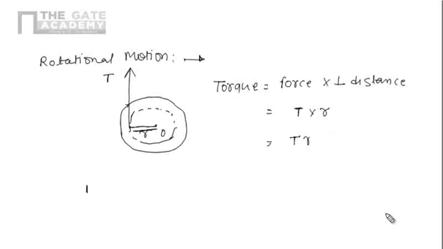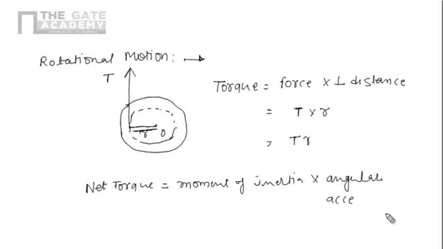According to Newton's second law of motion, net torque equals moment of inertia into angular acceleration. In case of linear motion we consider force, mass and linear acceleration.